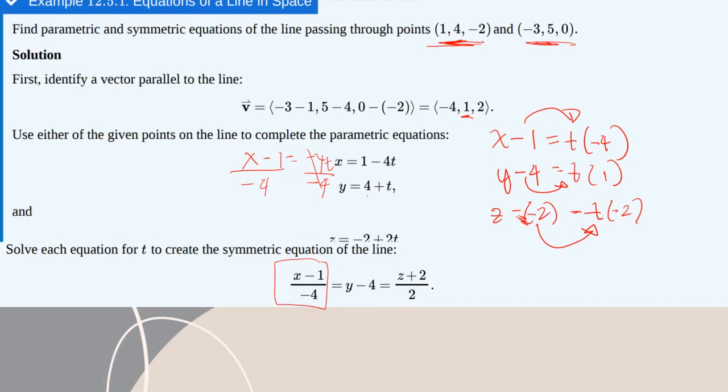Same process, transfer na ko dire, I will have y minus 4. Transfer dara, negative 2 will be positive 2. Divide both by negative 2 kani. I will have z plus 2 over 2. Now this is the symmetric equation of our line.